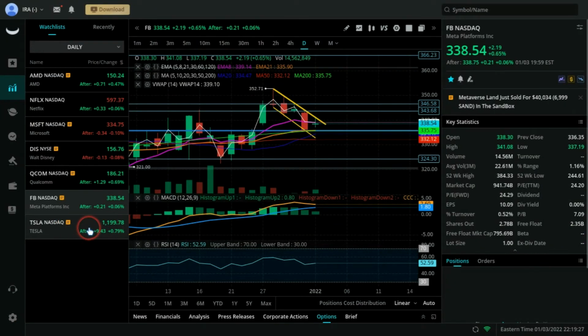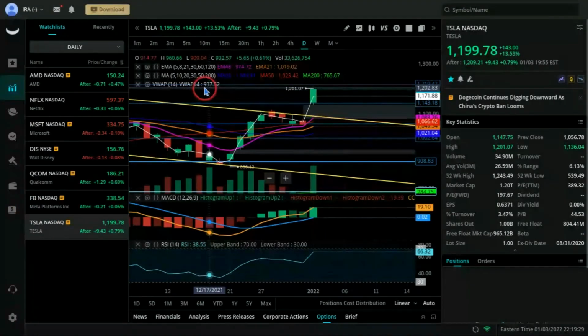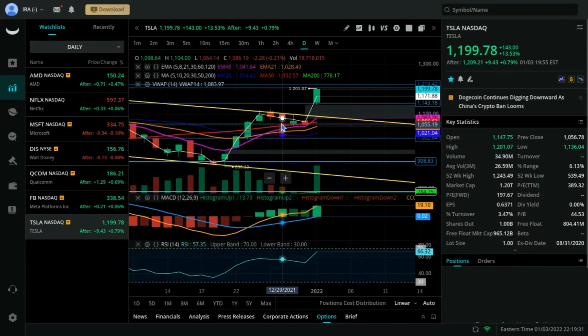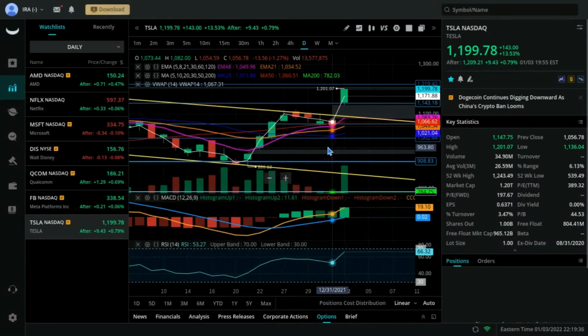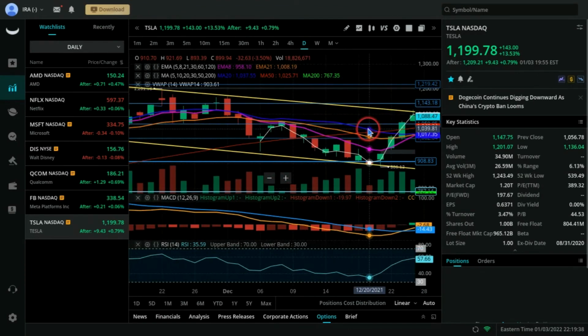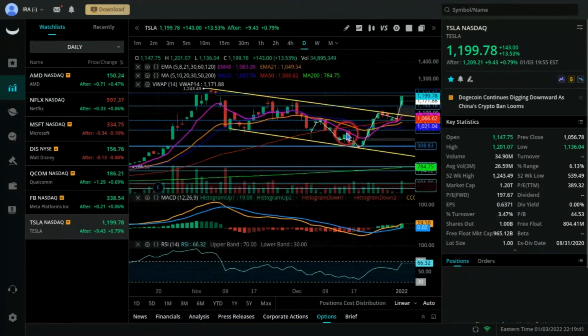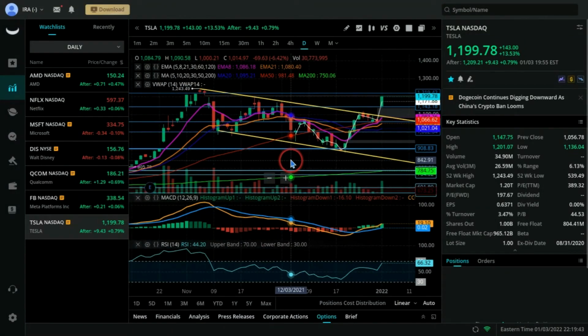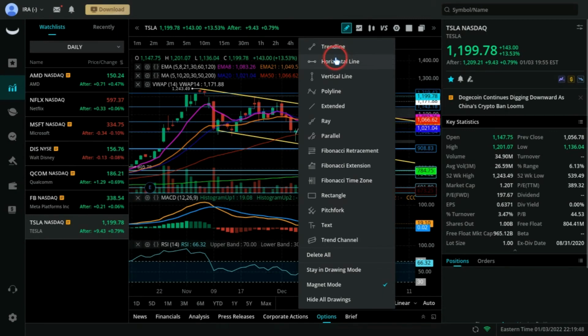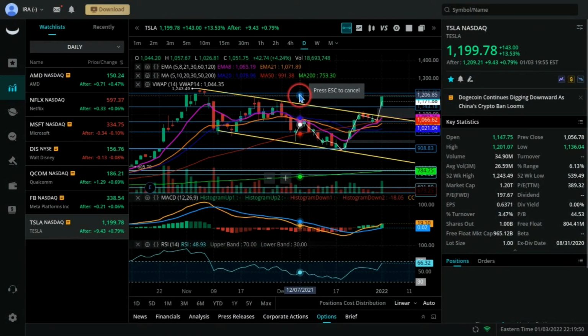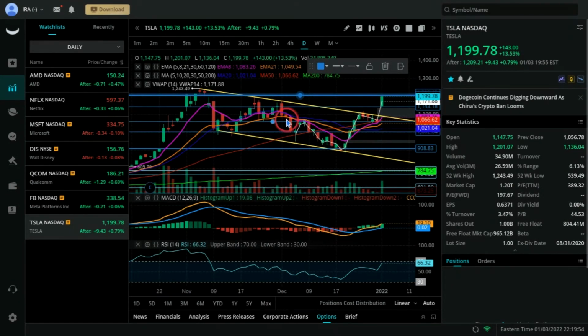And Tesla, I'm already in it for a swing, but let's do this here. Let's stop right at this resistance.